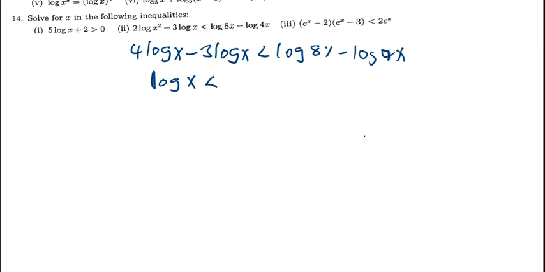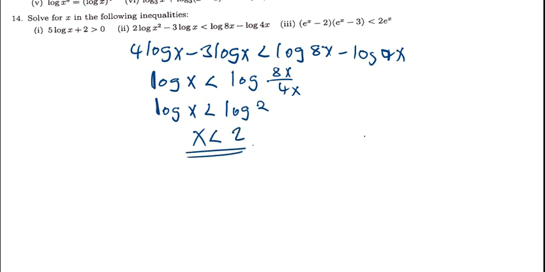The bases are the same, and these ones we can just divide them. We're going to have log 8x divided by 4x. So log x less than this. I'm going to have 8 divided by that, I'll have log 2x, and x will go. If the bases are the same, you can just cancel the log and equate the things inside. So it will be x is less than 2.